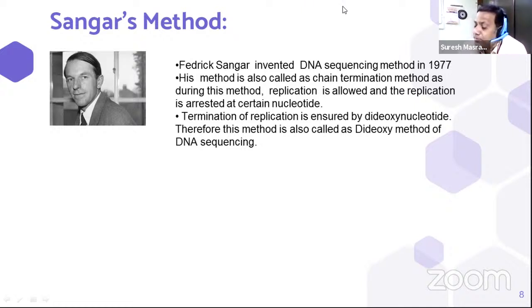After allowing the replication, he manages to do something by means of which it is assured that at certain points of time, at certain places, this replication must be arrested. And we should exactly know at which places the replication is arrested. Thus, he allows the replication of single-stranded DNA and manages to arrest this replication by doing a certain trick.